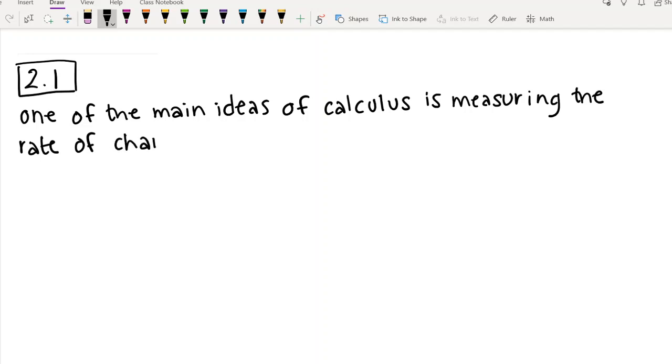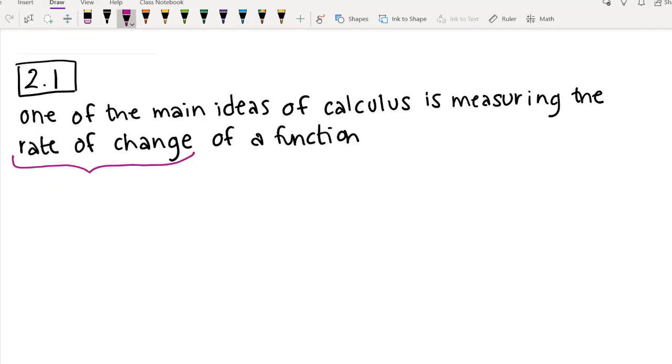So what do I mean when I say the rate of change of a function? Well, we'll get into some specific examples in a little bit, but generally speaking, when we're talking about the rate of change of a function, we're talking about how much the outputs of the function change as the inputs are changing.